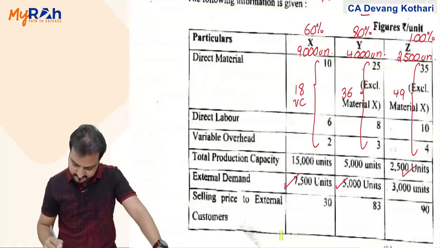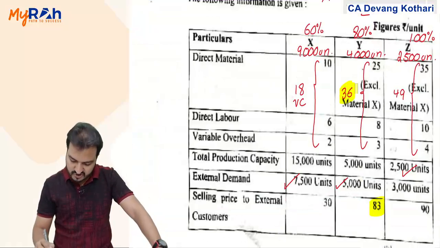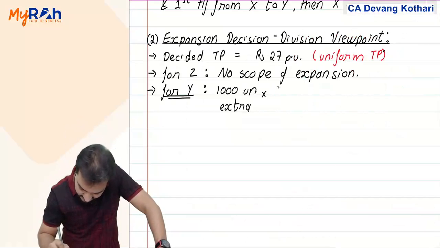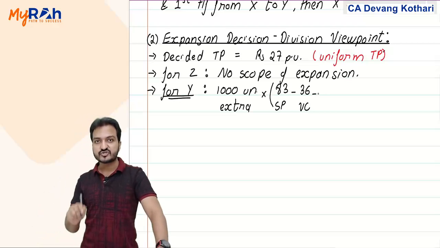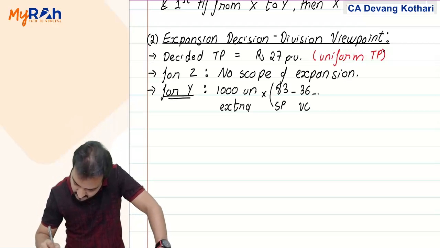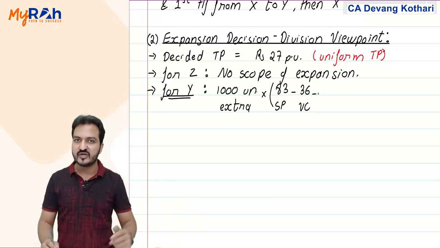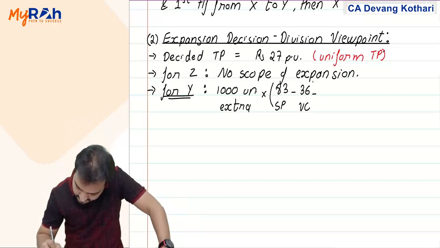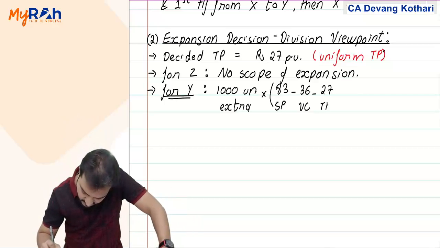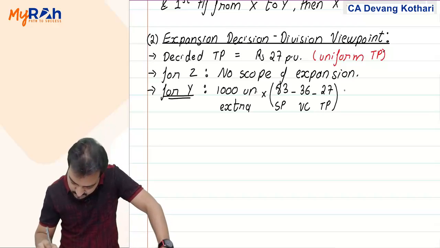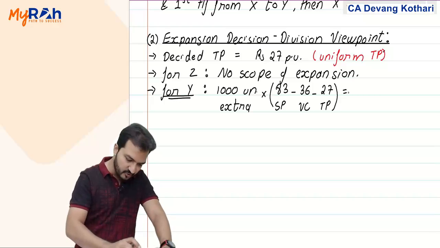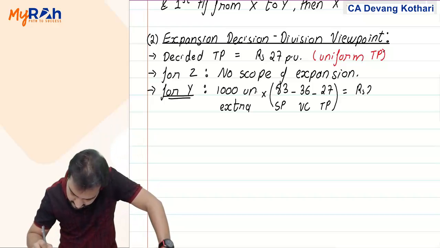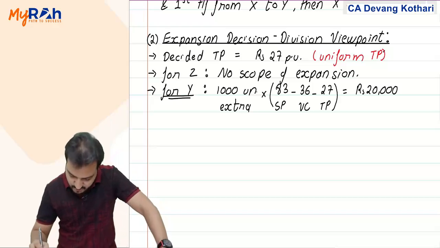On those 1,000 extra units, it will get a selling price of 83 rupees minus 36 rupees variable cost and minus the cost of material X. Assuming that the division will obtain material X from division X, because division X also has spare capacity, minus 27 rupees transfer price of getting material from X. Let's see, are they getting extra contribution? 83 minus 36 minus 27 is 20 per unit into 1,000 units, that is 20,000. 20,000 rupees is the extra contribution that they can get.